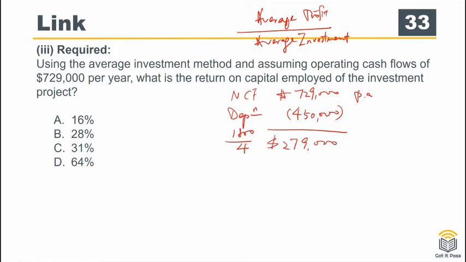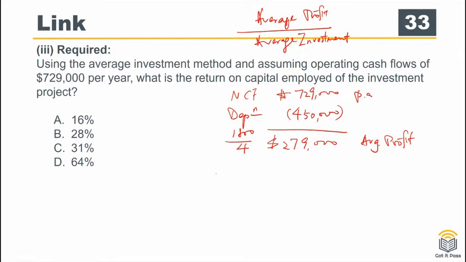Okay, and then here is the profit, because in every year the profit is the same, so it is also the average profit figure.